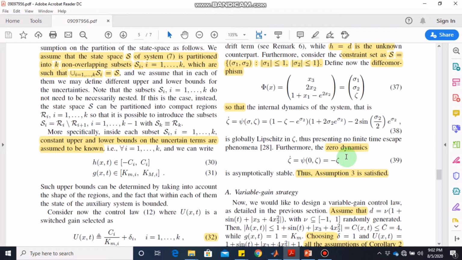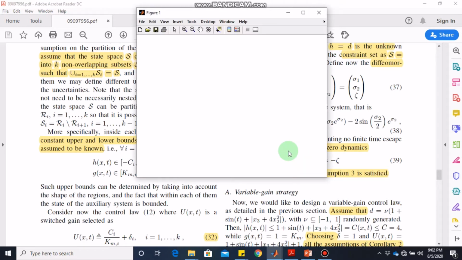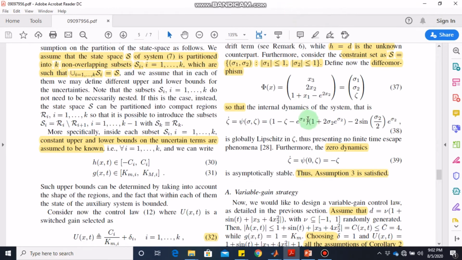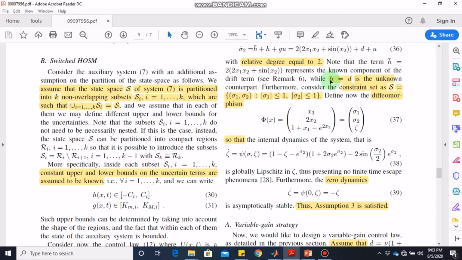Assumption 1, 2, 3 all are satisfied because assumption 1 required that there should be a relative degree r. This system has relative degree 2, so assumption 1 is satisfied. Assumption 2 required that this h and this g must have upper bounds. Here g is equal to 1, so upper bound is easy, it is 1.